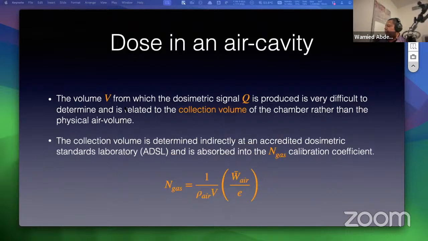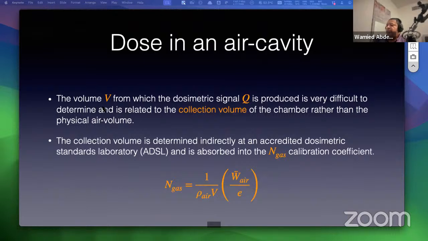So this is one thing one has to be careful with. Another issue is that this volume is actually not the physical volume of the chamber. It is the volume from which the charges, the ionization produced in the chamber, are collected when we do our measurements. Depending on the chamber design, the volume from which the charges are collected might not equal the physical volume of the air cavity in the chamber.